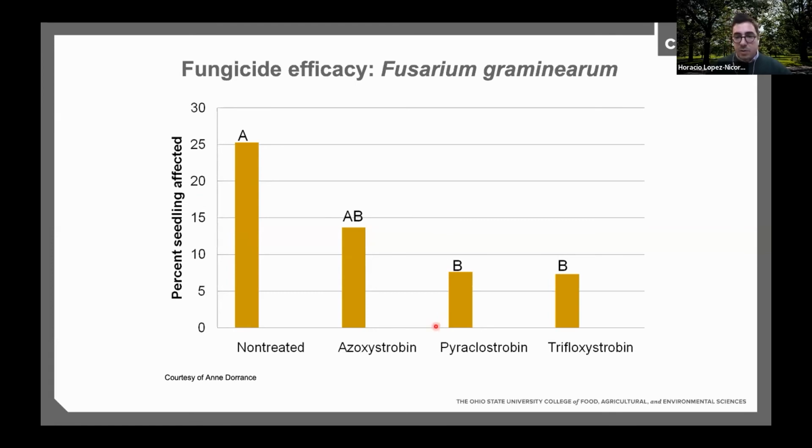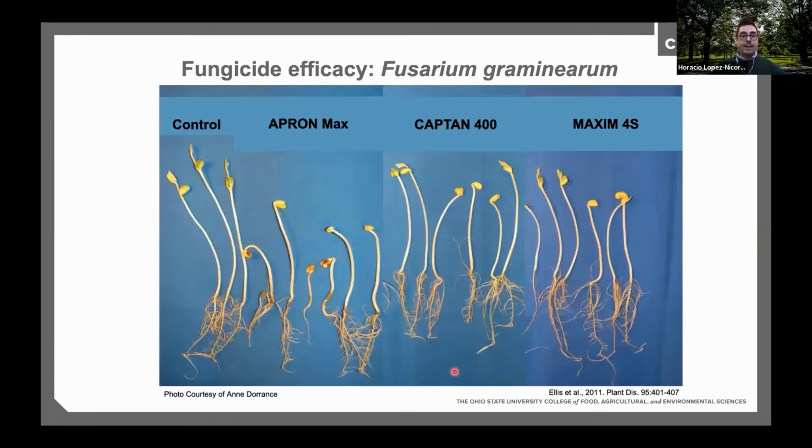In this case, I'm showing some of the QOI, the Strobis. So we have a control where there's no fungus infecting the seedling. Then you can see how the seedlings just grow perfectly well. Of course, there's no problem there.